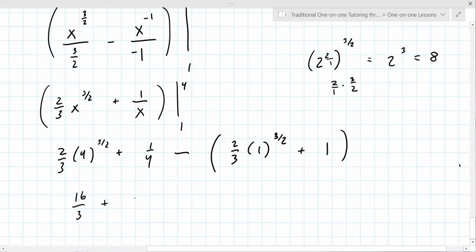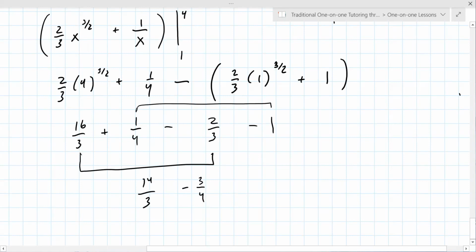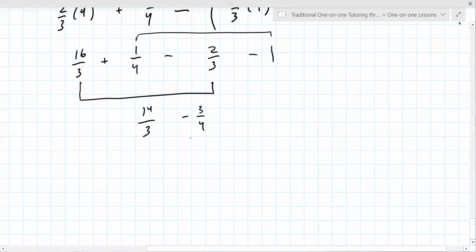Minus 2/3, minus 1. So then this gives you 14/3, plus 1/4 minus 1. So then these multiply, so that's 4 times 3.